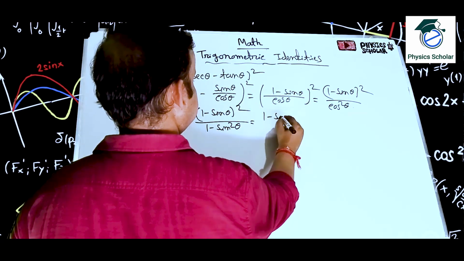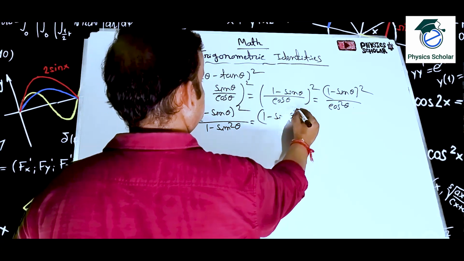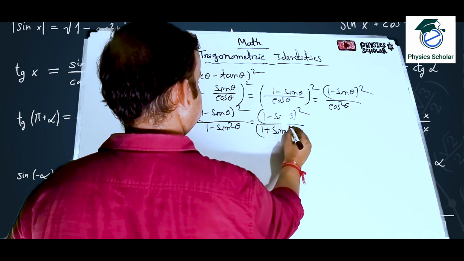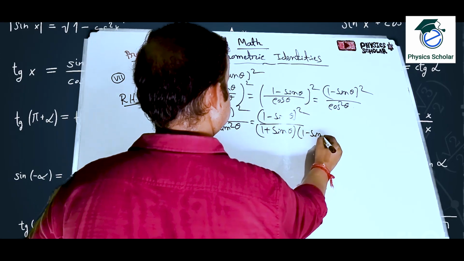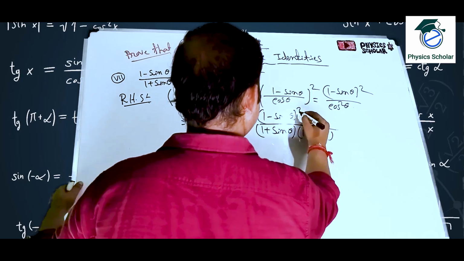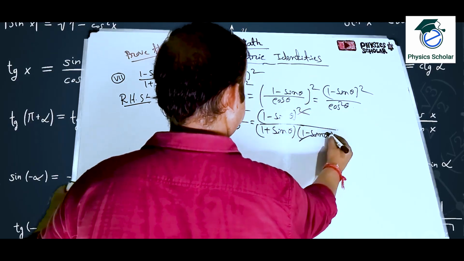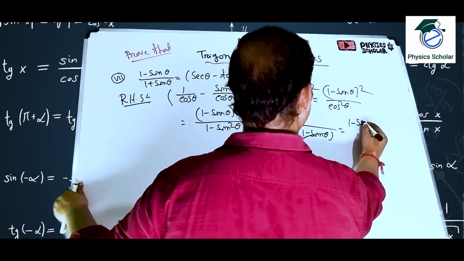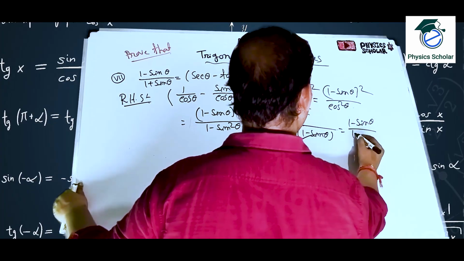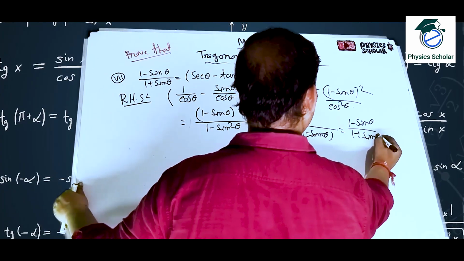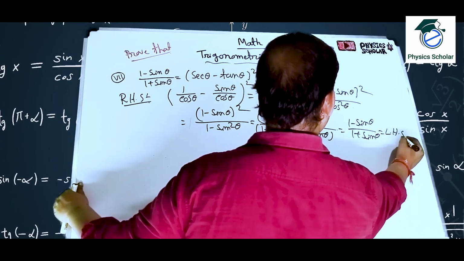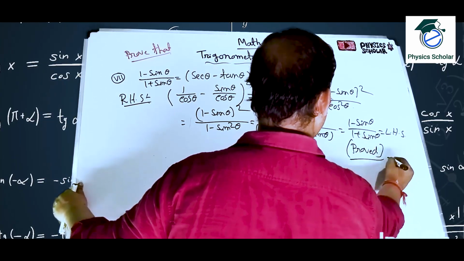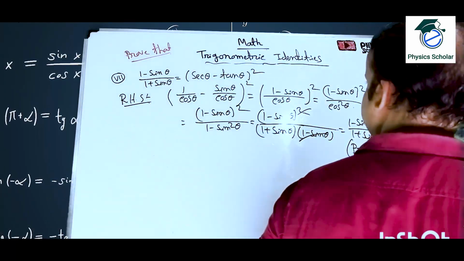So 1 minus sin theta whole square divided by a plus b into a minus b. Clear? So this and this will be cancelled. So what is that? 1 minus sin theta divided by 1 plus sin theta, which is equal to the left hand side. Proved.